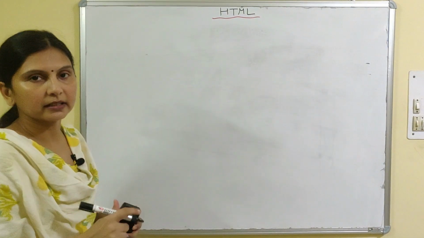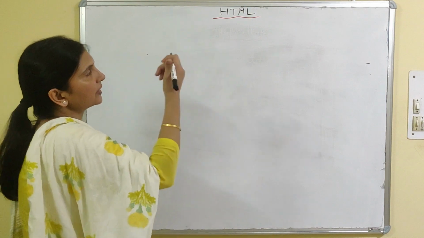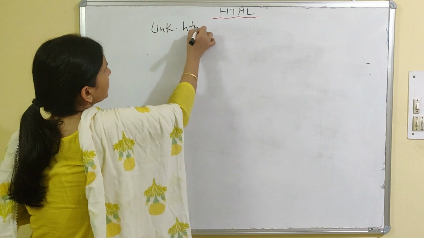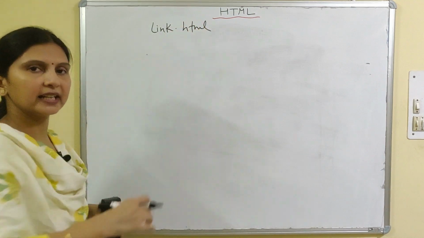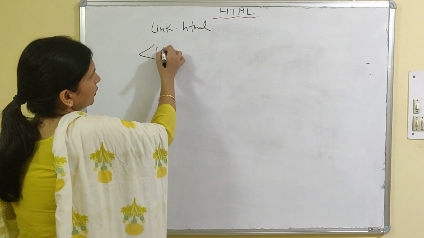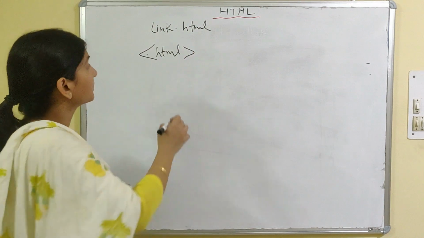First, we will make two web pages. Let's make the first one and give it the name link.html. We will save this file as link.html. Like always, we start the web page with HTML.